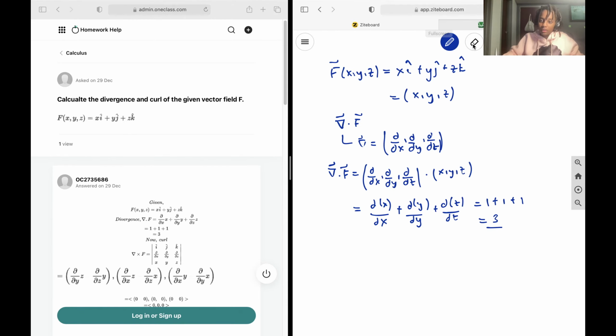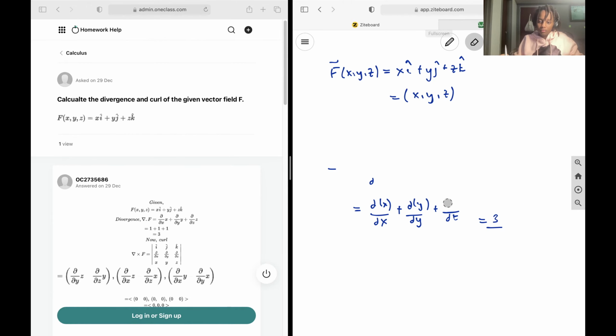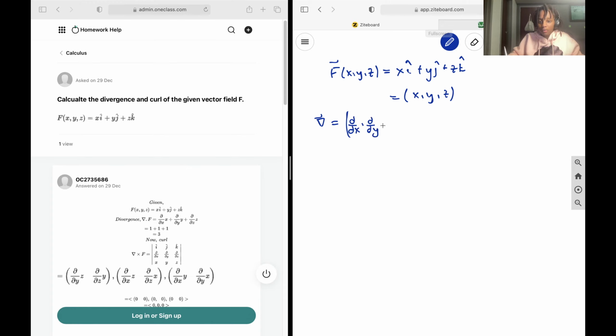Next up, we want to calculate its curl. So again, just remember that that is equal to the del operator, and f is equal to x, y, z.